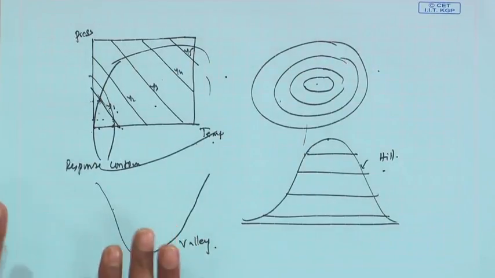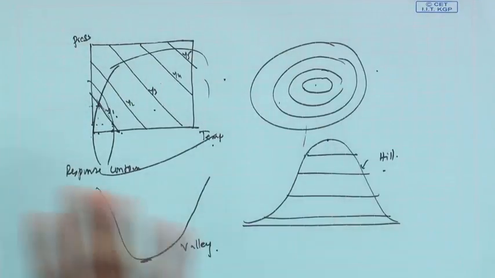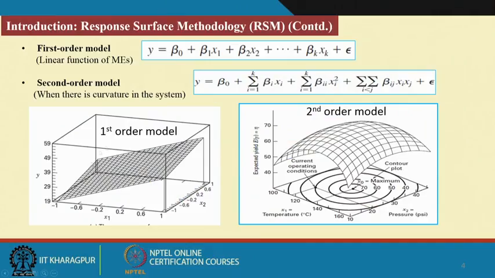If interactions or the effects are not there, then what happens? It is a surface plane. Maybe the surface will be a plane surface, and some inclination will be there. Okay, it is not constant, that is the slope. For example, here, this surface.